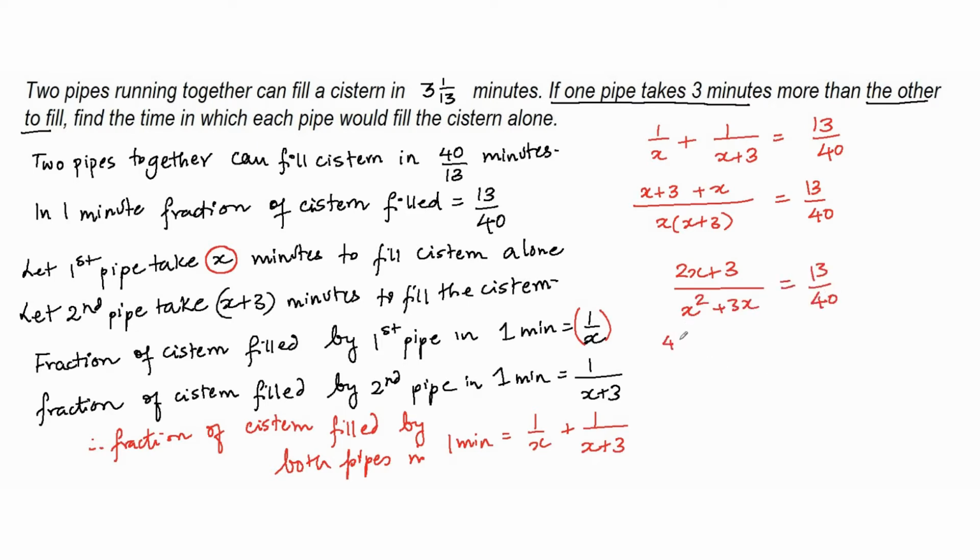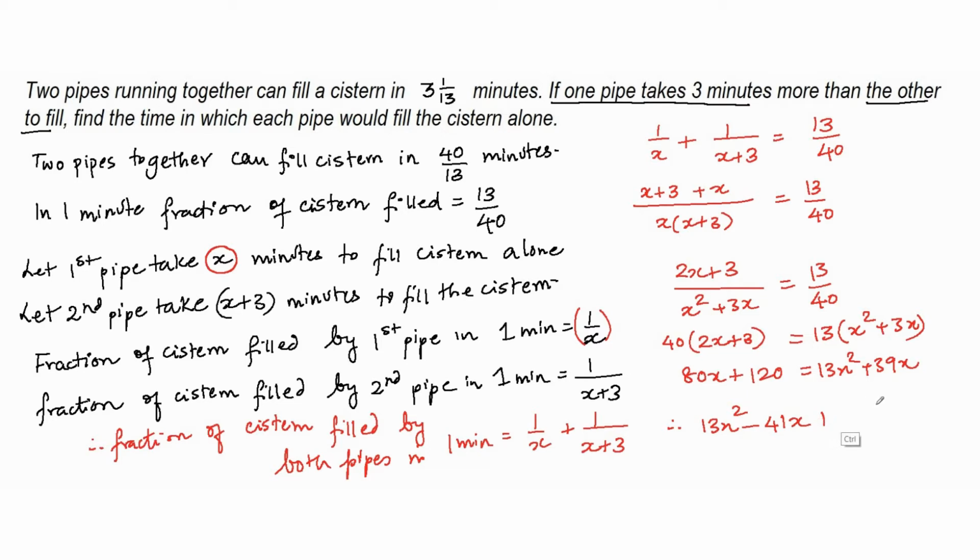And therefore cross multiplying I get 40 into (2x plus 3) is equal to 13 multiplied by (x square plus 3x), which means 80x plus 120 is equal to 13x square plus 39x. And therefore I can say 13x square minus 41x minus 120 is equal to 0.